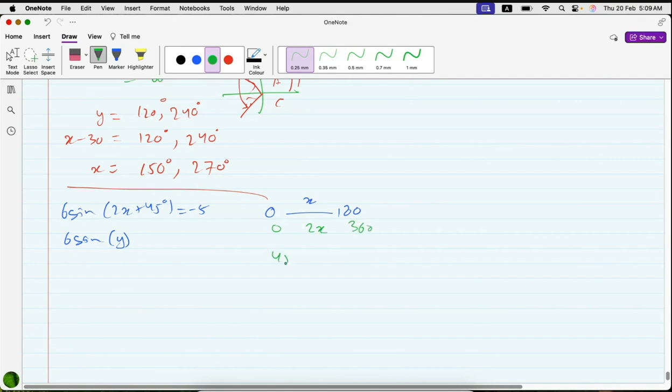Then there's 45 added in all of these: 2x plus 45 and 360 plus 45 is 405. I'm solving for y. So sine y is equal to minus 5 by 6. Basic angle is equal to sine inverse of 5 by 6. I'm getting 55.4.